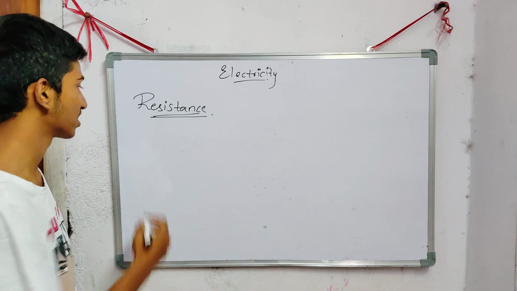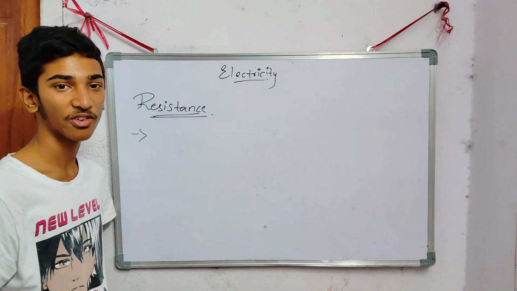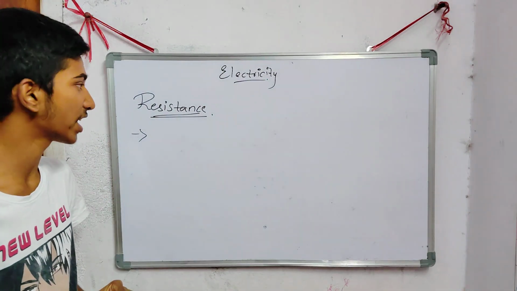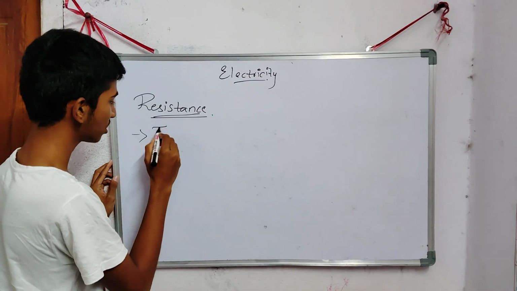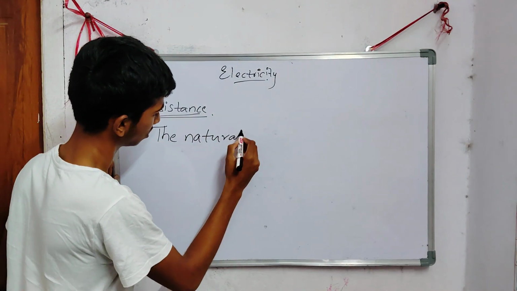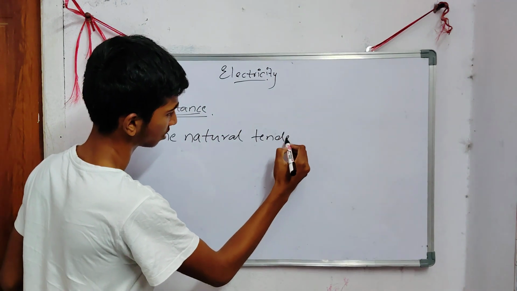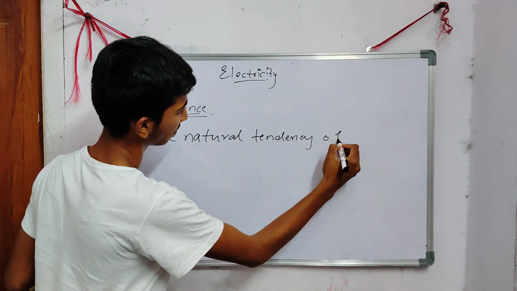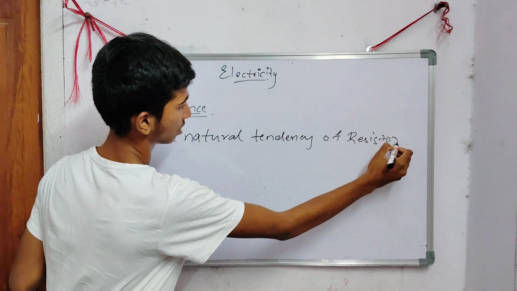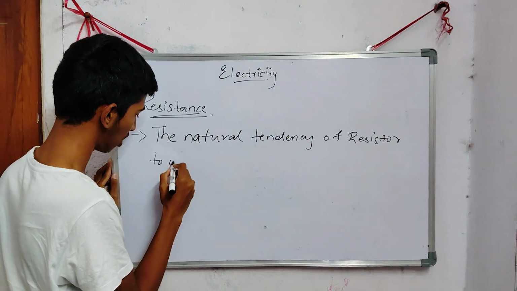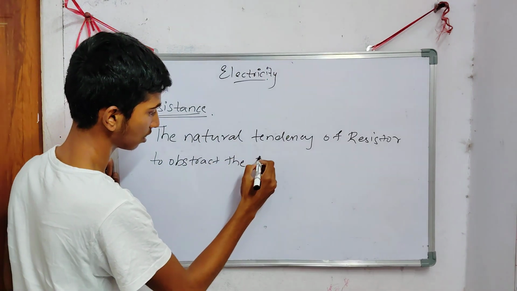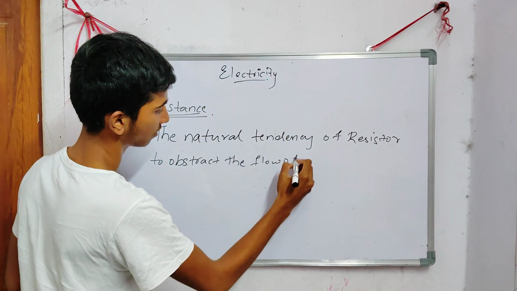Resistance. What is resistance? Resistance is the natural tendency of a conductor to obstruct the flow of current in a conductor.